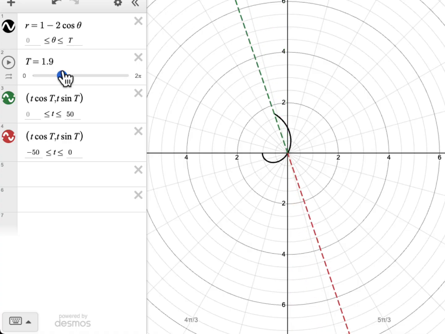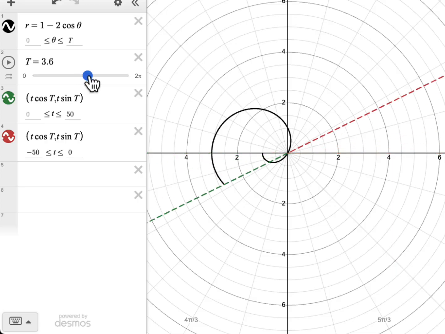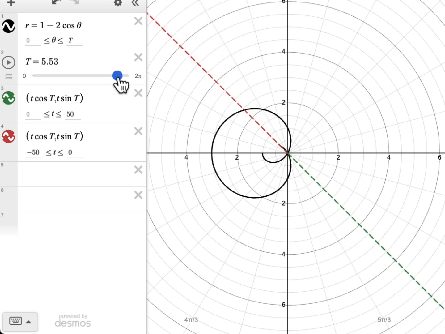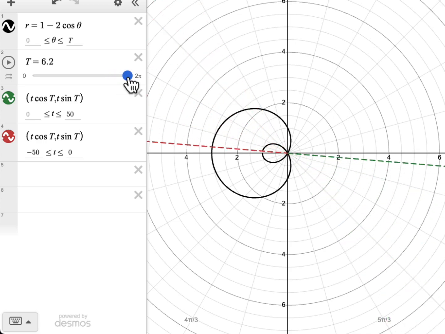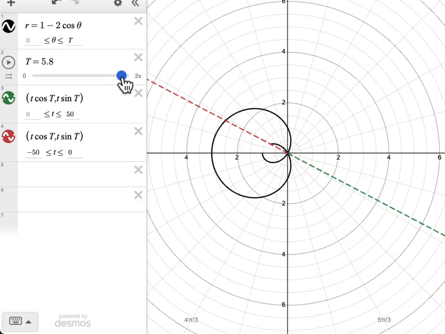And then by the time we get to angle pi, r continues to grow until we get to r equals 3. And then through the third quadrant, r will shrink from 3 back down to 1. By the time we get to 5 pi thirds, r has reached 0 again. So we're back at the origin. And then for the rest of the rotation from 5 pi thirds to 2 pi, r will be negative, so the graph will be drawn along the red ray, closing off our inner loop.